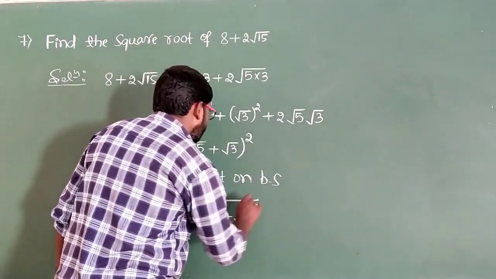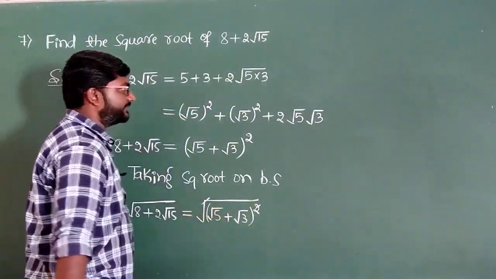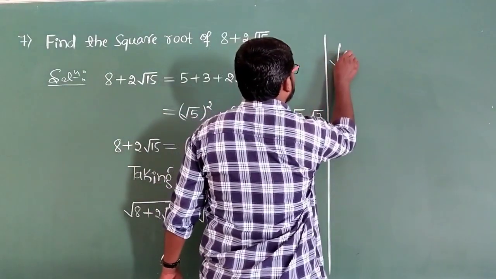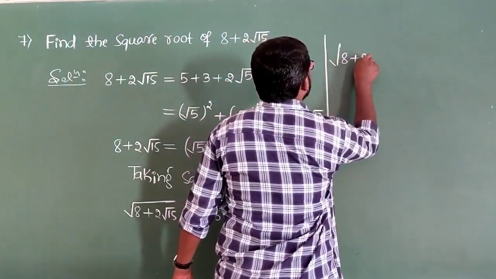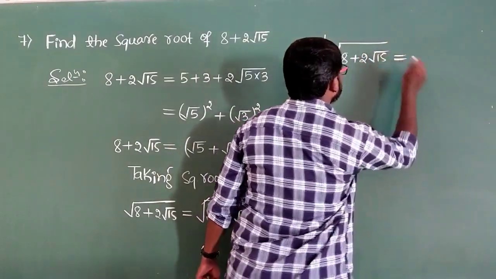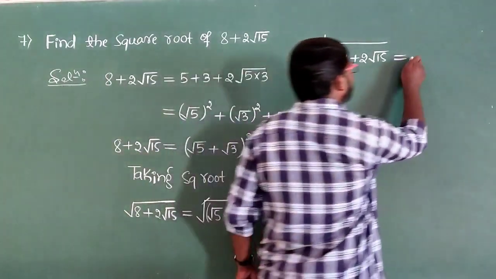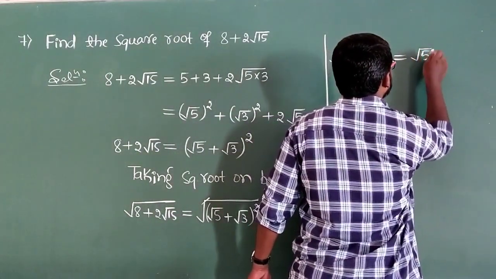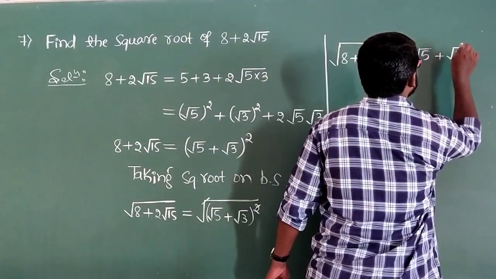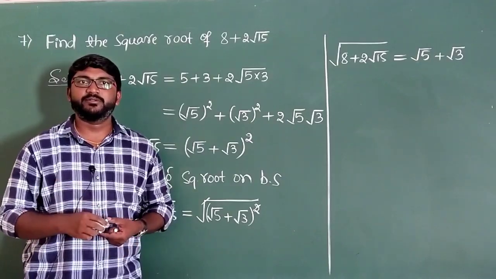In the next step, the square and root cancel, and I write the remaining term. So square root of 8 plus 2 times root 15 is equal to root 5 plus root 3. So this is the required answer. This is all about the 7th problem.